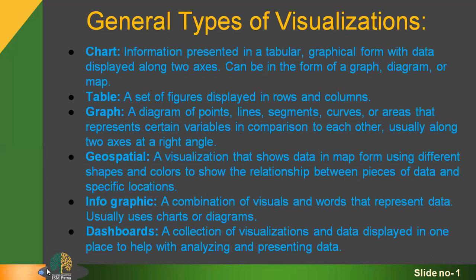That means a particular map of a country or a state will be taken, and the data will be reflected on the map in a geospatial form. Infographics, again, is a combination of data and geometrical figures. With the help of this, a combination of business graphics or infographics can be generated.